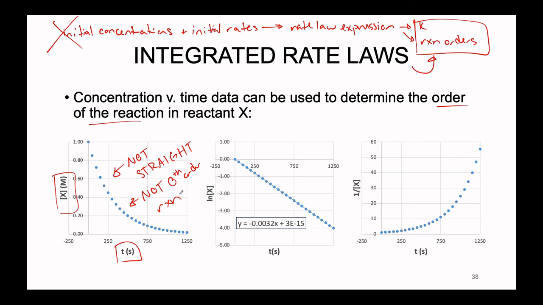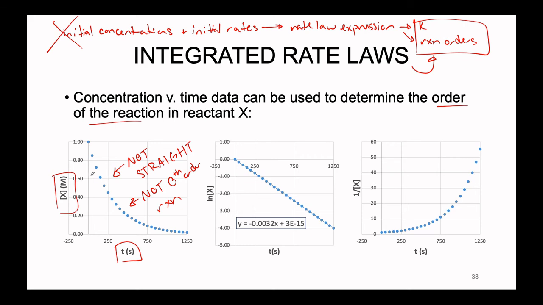Logically speaking, if our concentration versus time data was a straight line from the gate, that would signify a zeroth order reaction. But since it's not a straight line, we are not working with a zeroth order reaction. The logic here is sort of like an if and only if statement: if the line is straight, it is zeroth order, and if it's not straight, it can't be zeroth order.